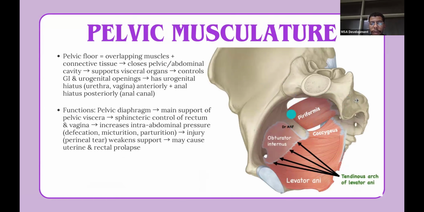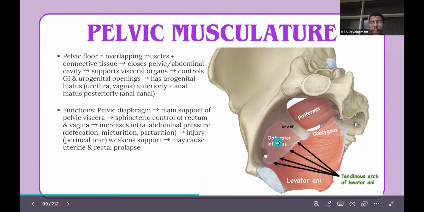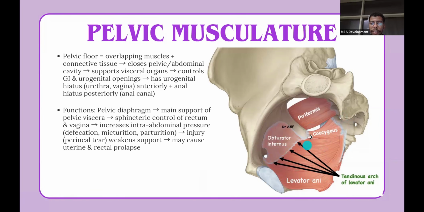So we have the piriformis. Then here we have our obturator internus, which covers the obturator foramen. And we can also see the levator ani muscles. Then at the back here, from the sacrum to the ischium, we can see the coccyx.